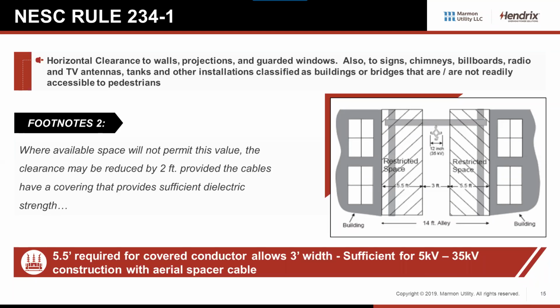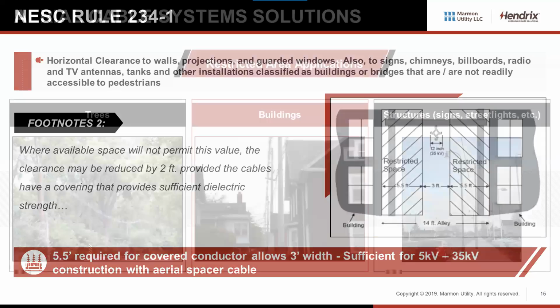It doesn't seem like a lot, but when you take all three phases and you put them in a window that's only about 12 inches wide, and you only need 5.5 feet on either side of it, you can get spacer cable in a pretty tight space and still meet the required NESC code.